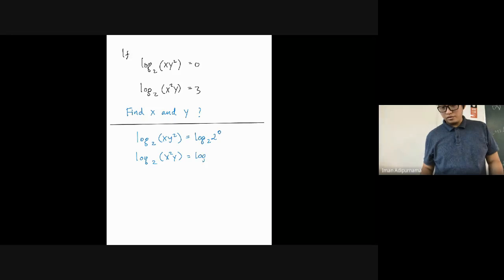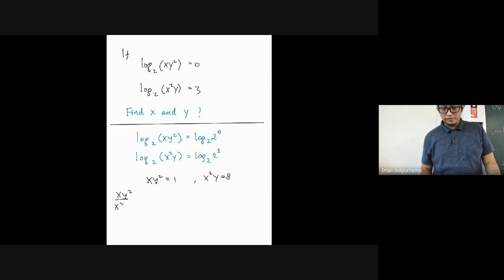I can also make log 2 of 3. Then I can make this: x y squared is equal to 1, and x squared y equal to 8.